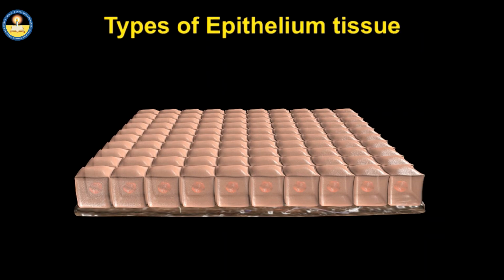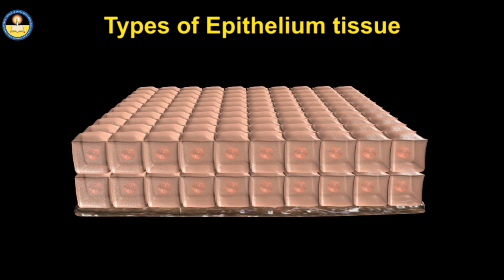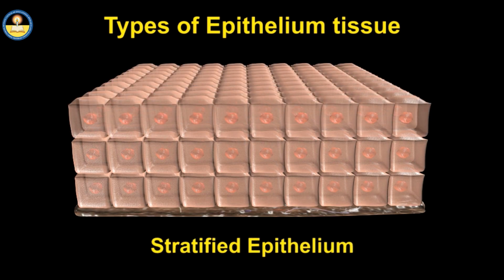If an epithelial sheet is composed of one and only one layer, it is a simple epithelium. If there is more than one layer, then it is known as stratified epithelium.